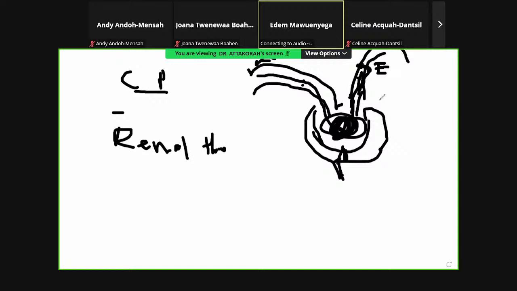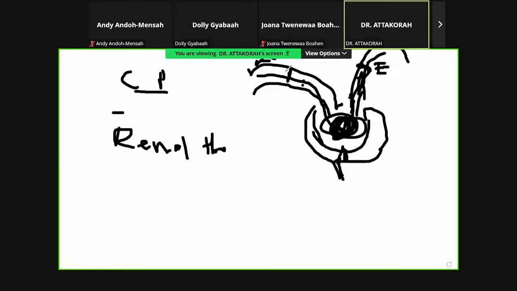So there's going to be a pool of blood inside the glomerulus, and that would create the pressure for filtration to occur. So what you are saying is the A is bigger than the E, and because of that more blood will get here. That is the renal blood flow. More blood will get here.